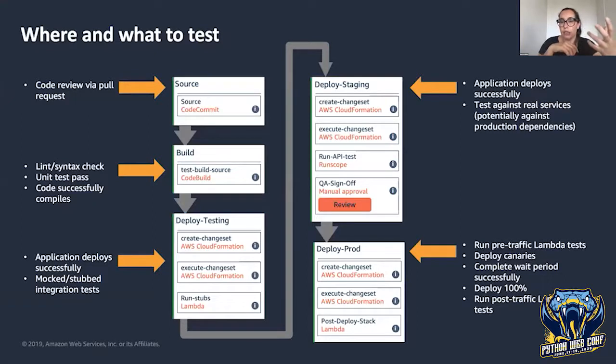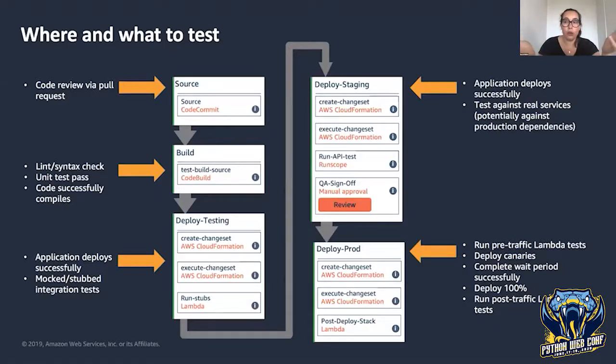You can run integration tests against mock dependencies or services, or you can use full integration tests end-to-end as well. You can also call third-party services like the ones that you see in the staging, like RunScope that runs API testing, and there are many other supporters in CodePipeline, for example.